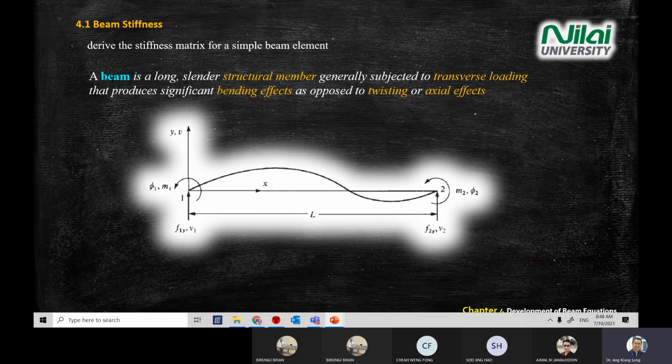Okay, just to summarize, for spring, I'm writing F equal to KD. If you compare side by side the differences between spring, bar, and beam: for spring, when it comes to D, you only have one, U1, U2, let's say you have 2 points.